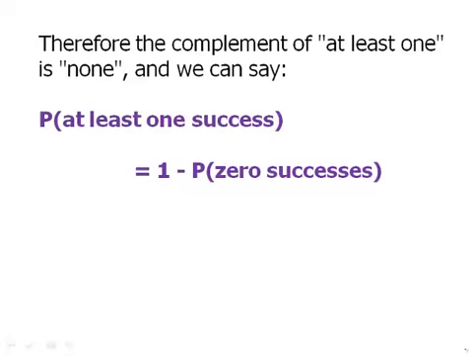And therefore we can say the probability of at least one success is 1 minus the probability of 0 successes. So instead of having to figure out a bunch of different probabilities, which is what we'd have to do if we figured it out directly, we can just figure out one probability, often a very, very easy probability to figure out, the probability of something happening no times at all, and subtract it from 1, and we're done. So I'll show you a couple examples of why this is so powerful.